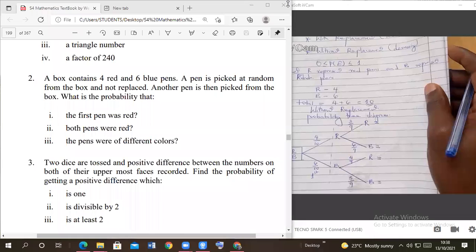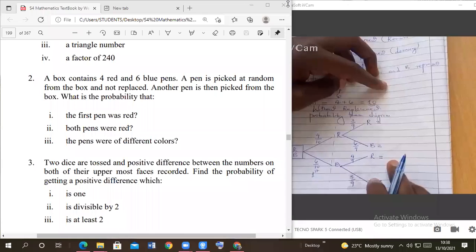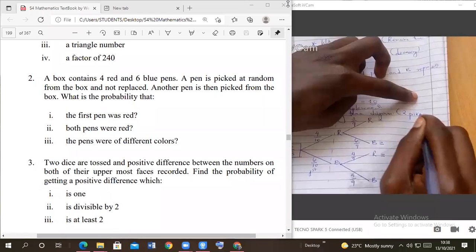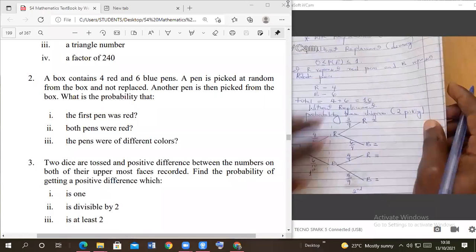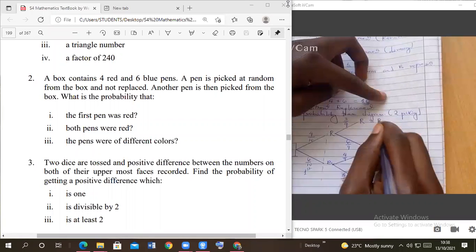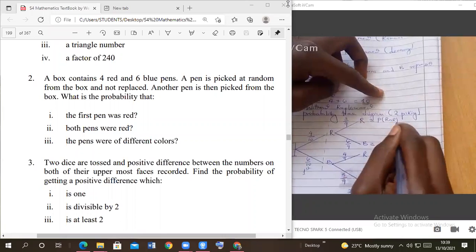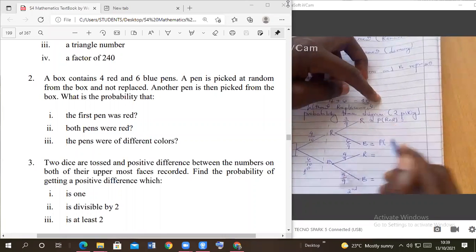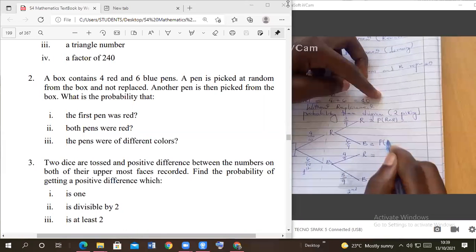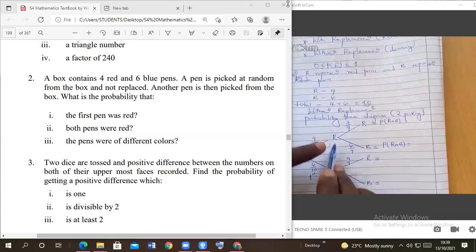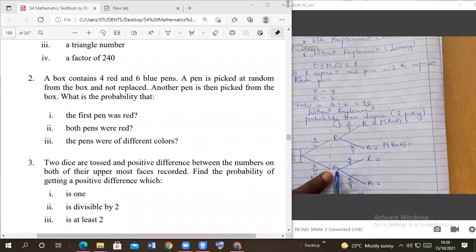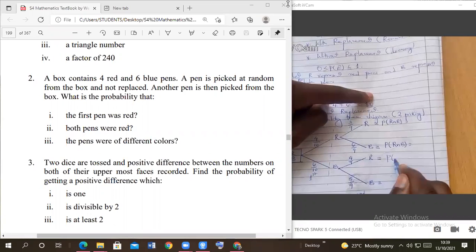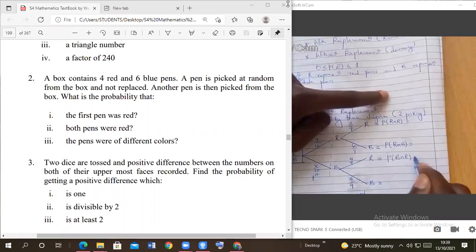Yes. Okay. There were 2 pickings, so this is our second. Now this will be probability of picking red and red. This one is red and blue. You follow the branch. This one is blue and red.